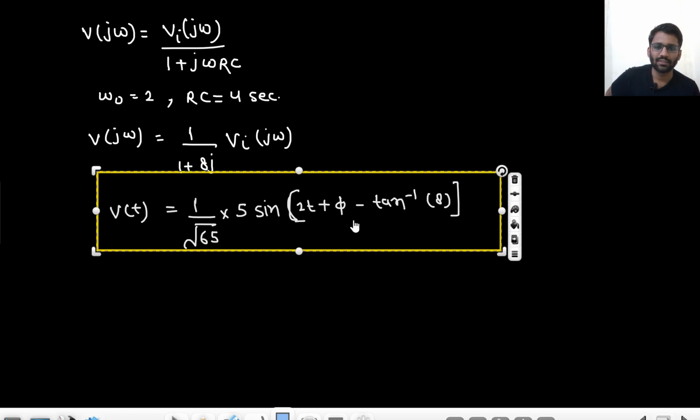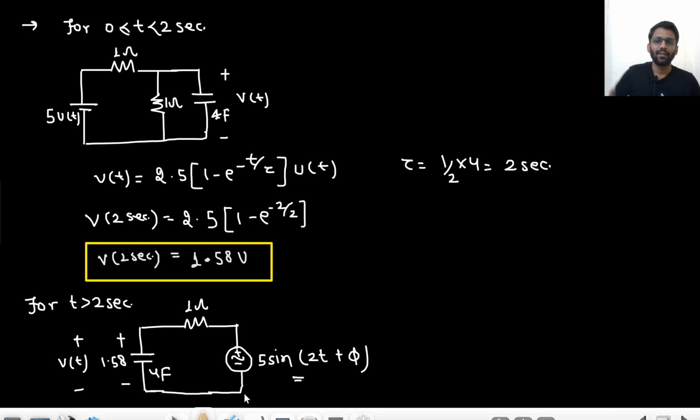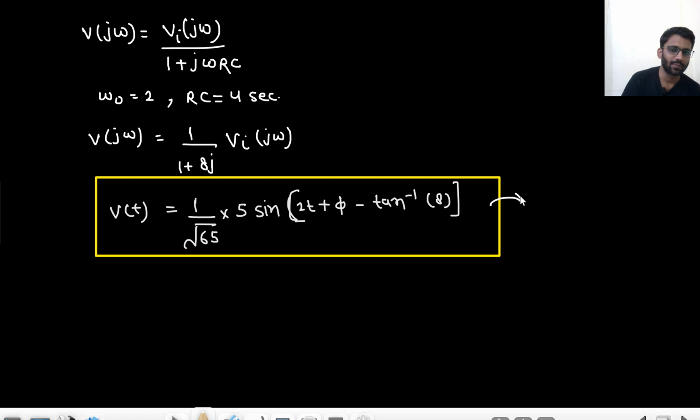Now what the question is saying, the Vt has a transient component of maximum amplitude of 0.5 volt. This is my steady state output. I should put here U of t minus 2. Why am I putting U of t minus 2? Not here. I can't put t minus 2 here. Why can't I put it?